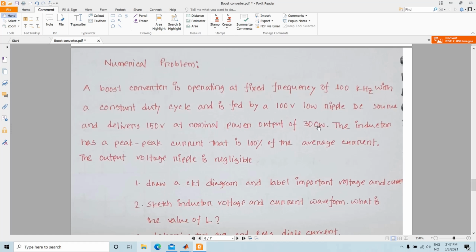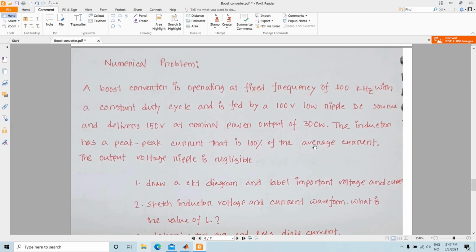So our output power is 300 watt, our input voltage is 100 volt, our output voltage is 150 volt, and our switching frequency is 100 kilohertz. The inductor has a peak-to-peak current that is 100% of the average current.